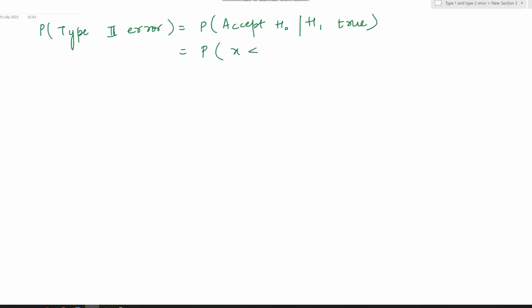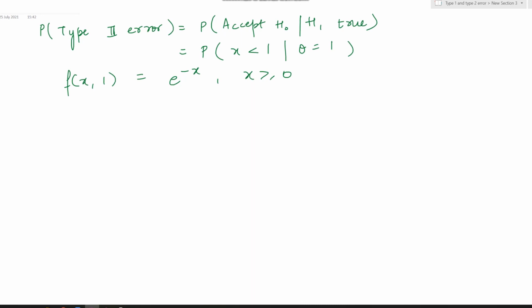We know that the acceptance region is given by x less than 1. So we have to find the probability of x less than 1 given H1 is true, that means our theta is equal to 1. Now we have f of x comma 1 given by e to the power minus x for x greater than or equal to 0.